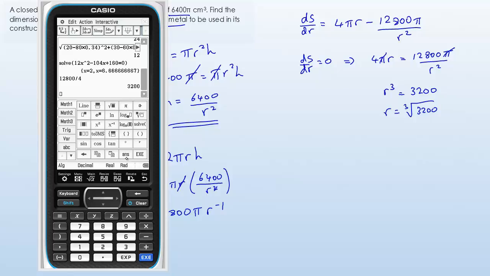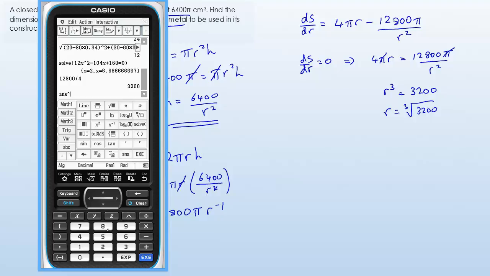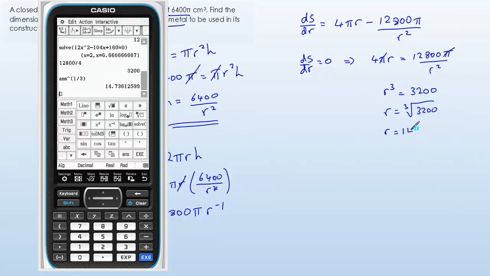So last answer to the power 1/3 is as good a way of any as doing that. And that would give me 14.736 and so on. So we'll say that's 14.74 centimeters, correct to 2 decimal places.